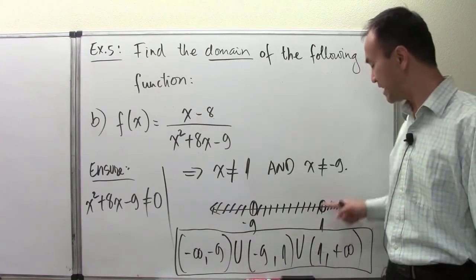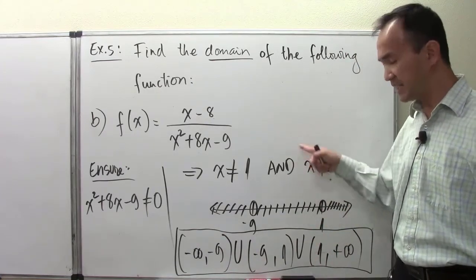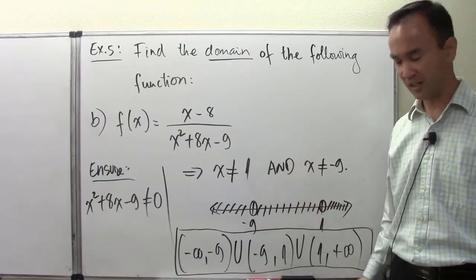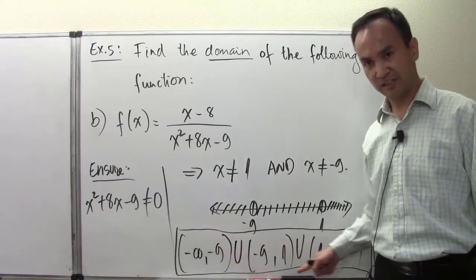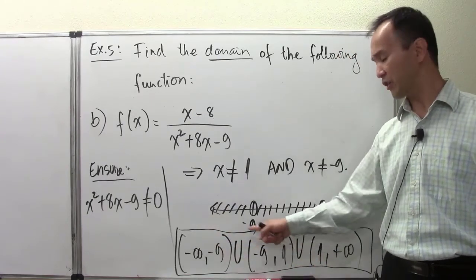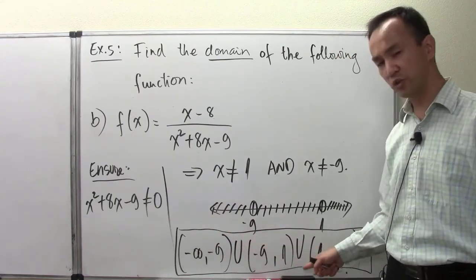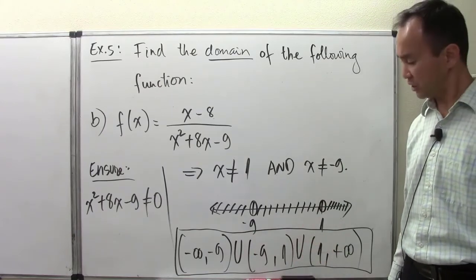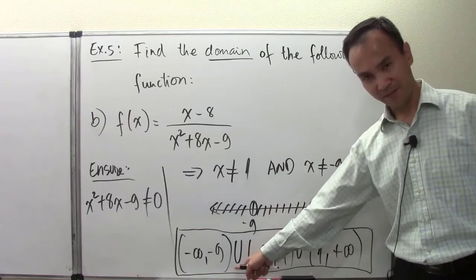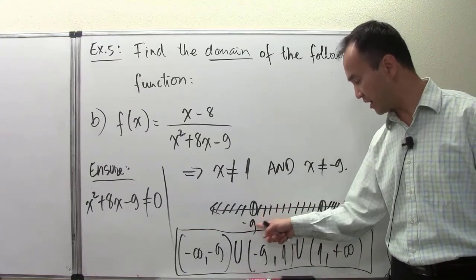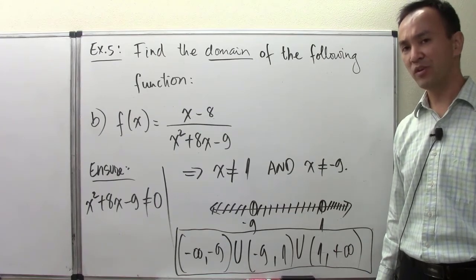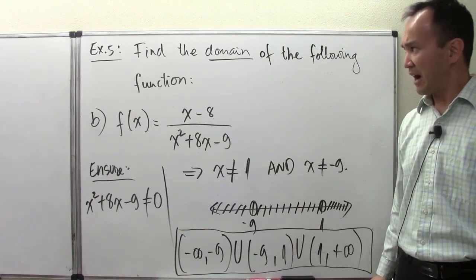Any one of these is already a clear indication of the domain, but these days a lot of instructors and professors expect their students to write the domain in interval notation. So we have 3 separate intervals, excluding negative 9 and 1 for this problem. That's the idea about how we find the domain.